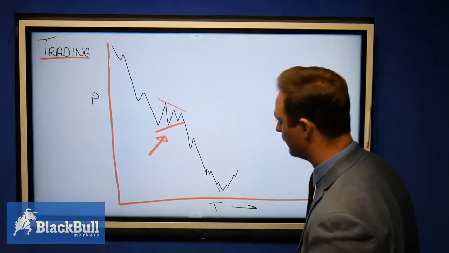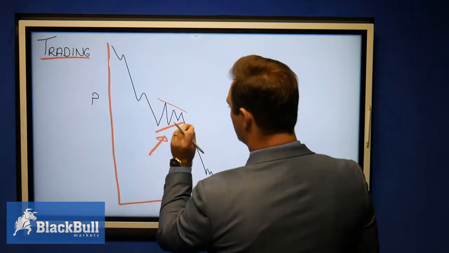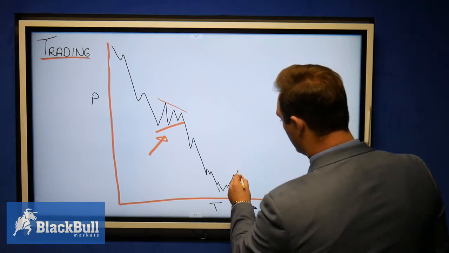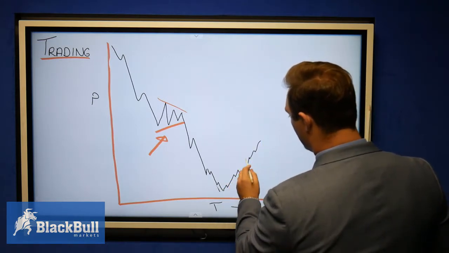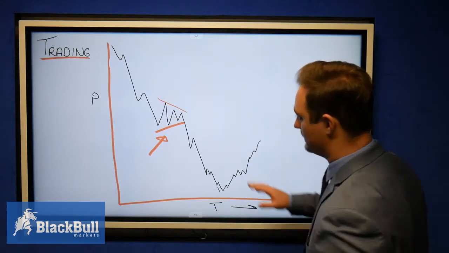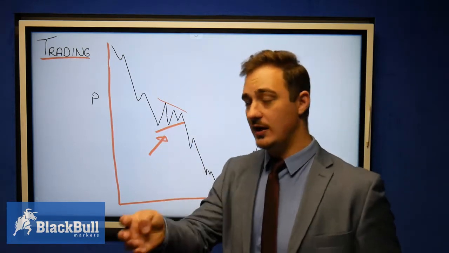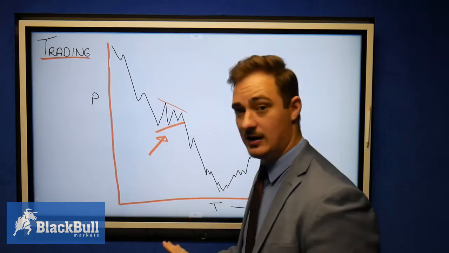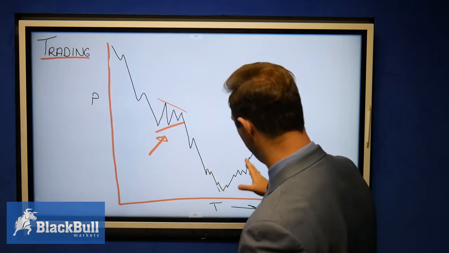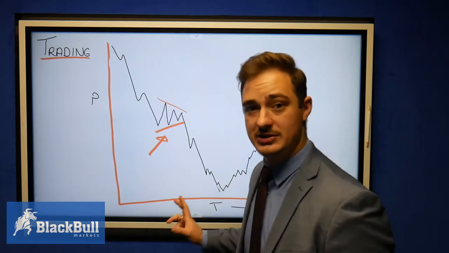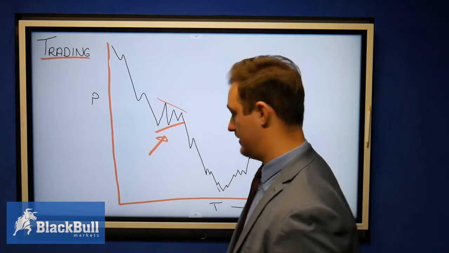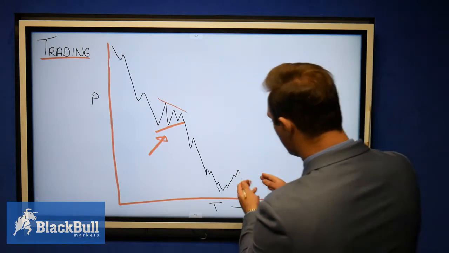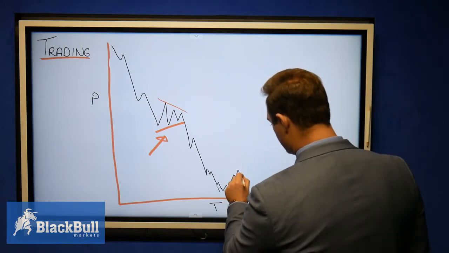We have to be a bit more careful, but in this example, if we have a triangle over here and we see a five-wave structure back to the upside, we know we won't be seeing an ABC structure, because a triangle is either a fourth wave or a B wave. All right, so we know this is a final push for the market to the downside. If we see a move back to the upside over here with five-wave structures, most likely it'll be that initial kickoff. Okay, so what we're looking for now is a three-wave structure to the downside.